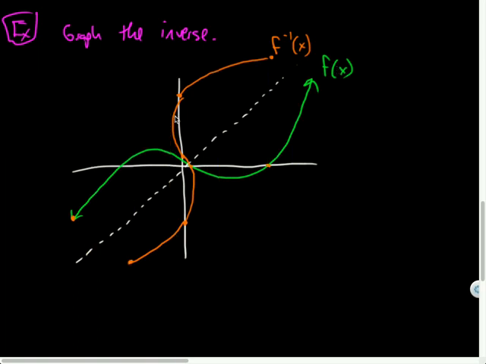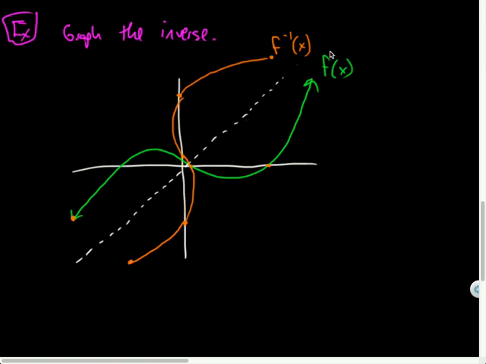However, this orange graph isn't a function because, look at just the y-axis right here, I'm hitting 1, 2, 3 points on it. So it turns out inverses won't necessarily themselves be functions, because it might fail something like the vertical line test. And that's okay.